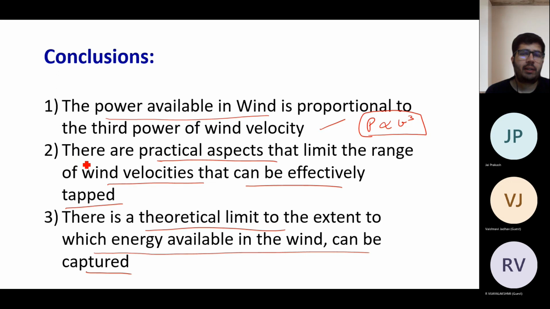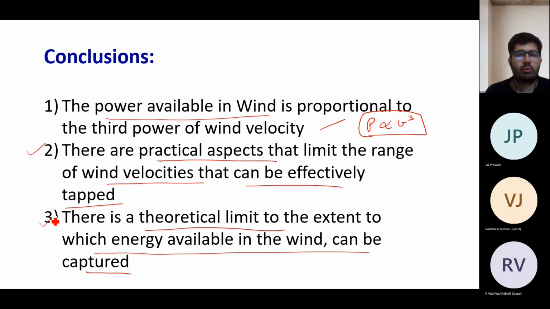There are practical aspects that limit the range of wind velocities that can be effectively tapped. We have seen the theoretical Betz limit and practical limits. Up to those limits only can we tap the wind power.